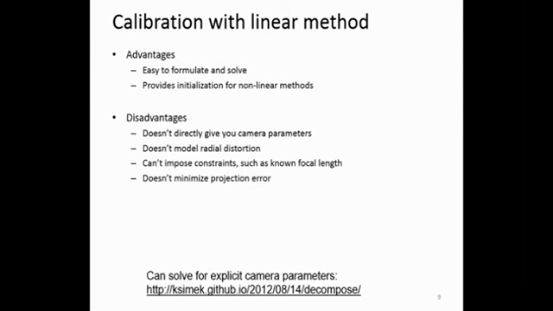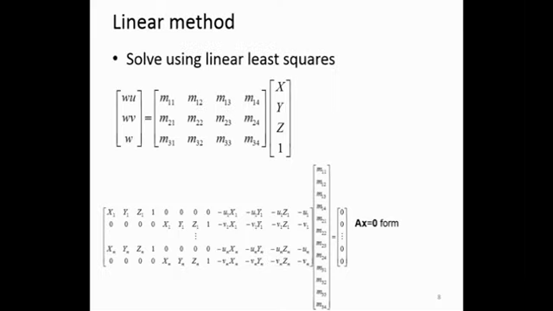Is W the same for the 6 points? No, W is not the same. Notice here, this is something that I kind of glossed over, but it's an important thing to point out. The way that I get these coefficients is that I do WU equals M1X and W equals M3X, where by X now I mean the full point.